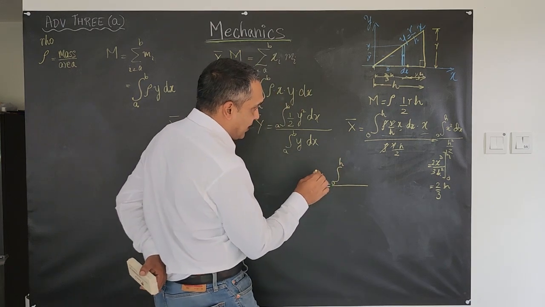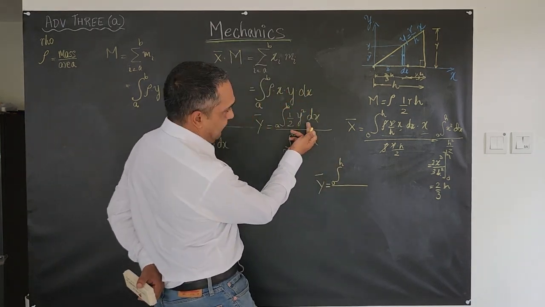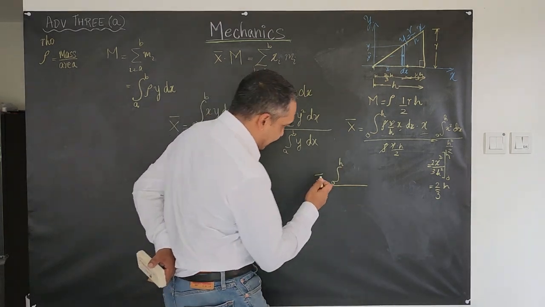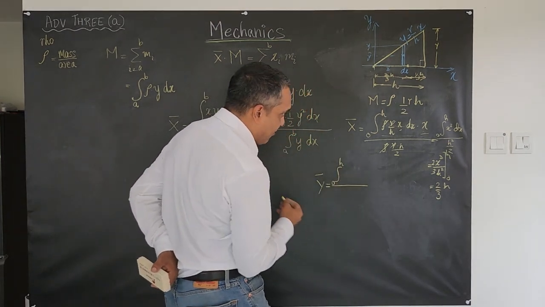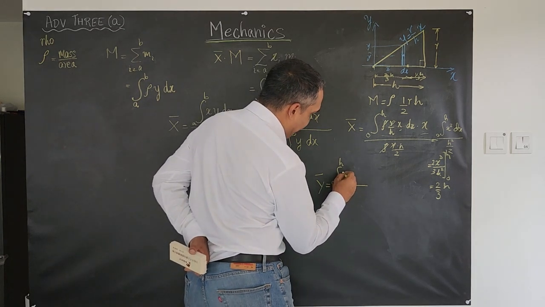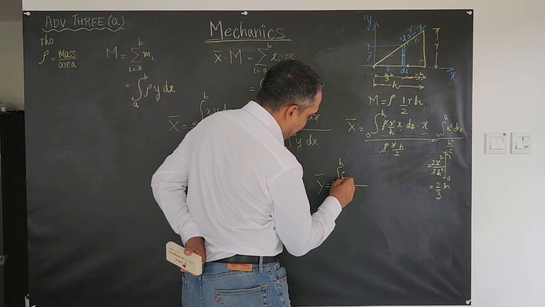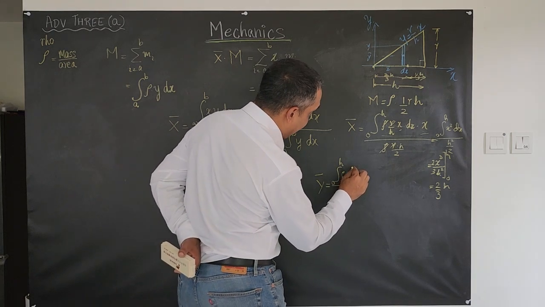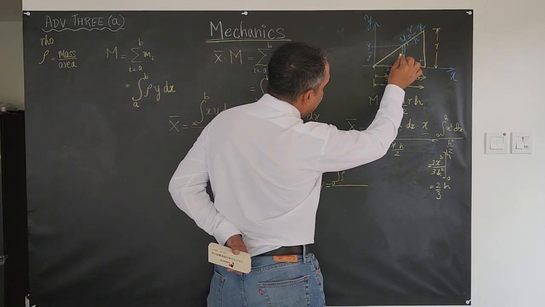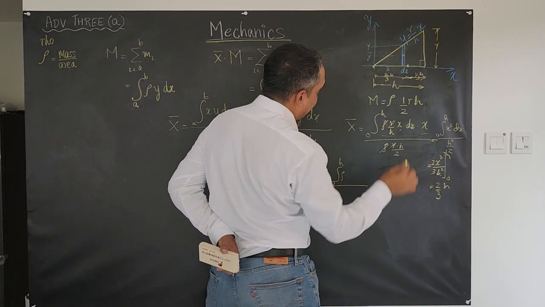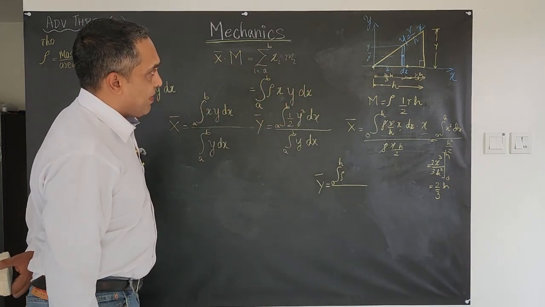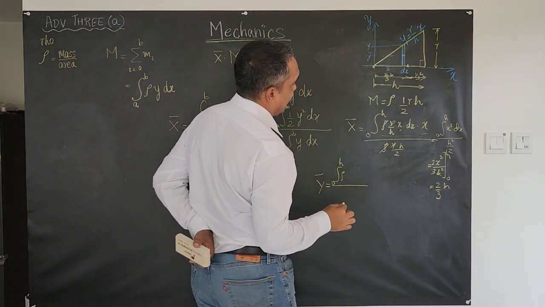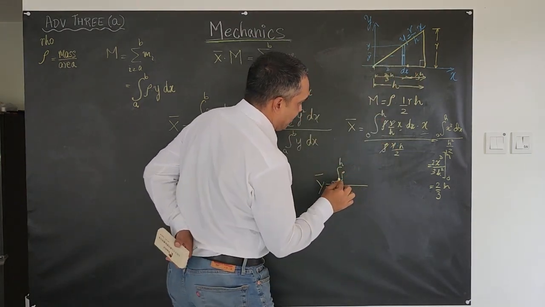And the reason why I'm doing it is because in my head, I'm seeing dx. So I'm seeing the increment of x. So I'm adding up all my x's. So that's how I'm seeing it. But let's see whether I'm right. I have my unit mass, which is my tiny area, and I'm multiplying it with y.